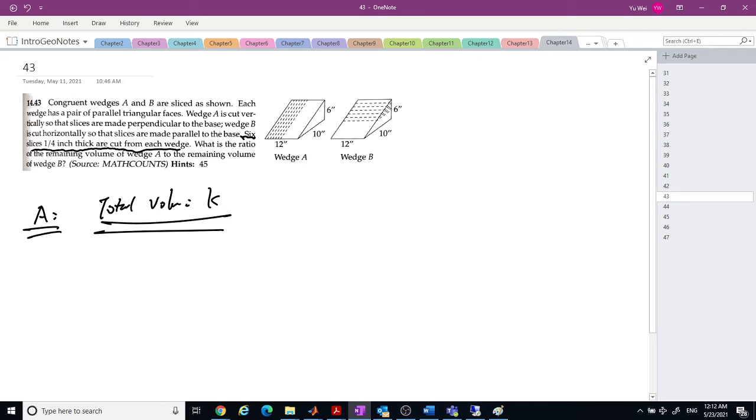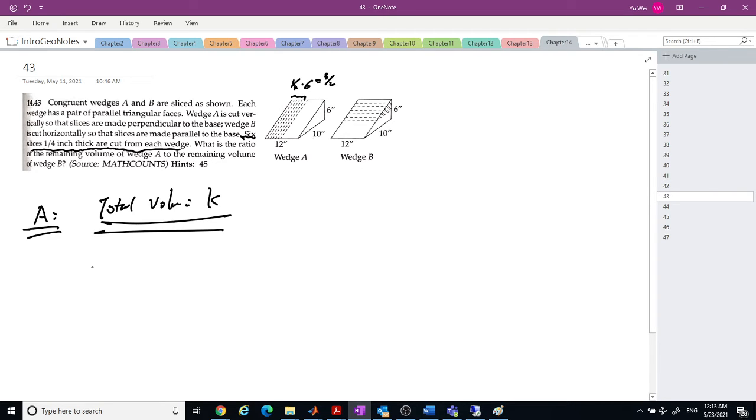They are both, right? So let's take a look at the ratio, right? So we cut off a quarter each, a quarter times 6, right? So basically what is left? Okay, so we have 12 inches here. We cut 2 over 3, right?